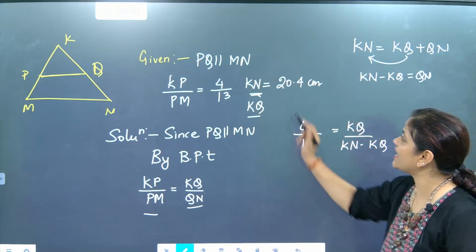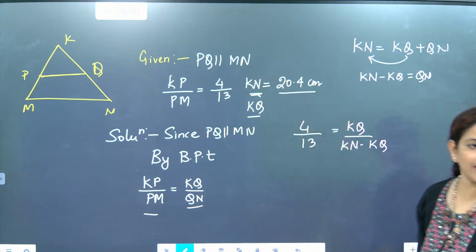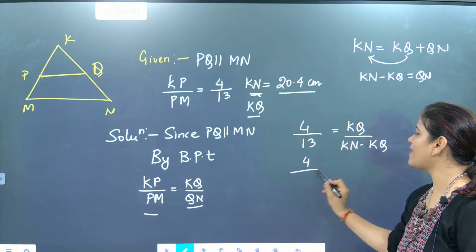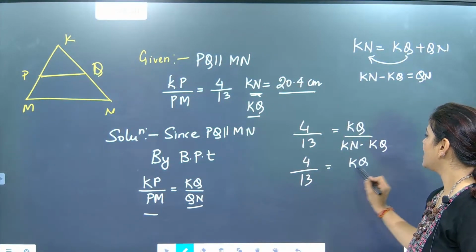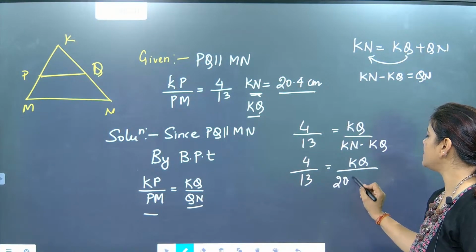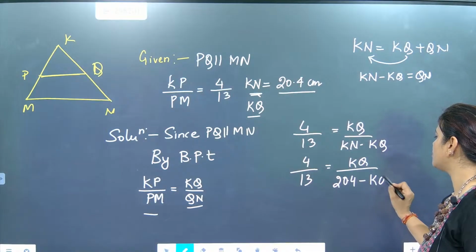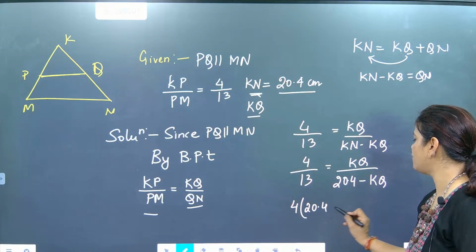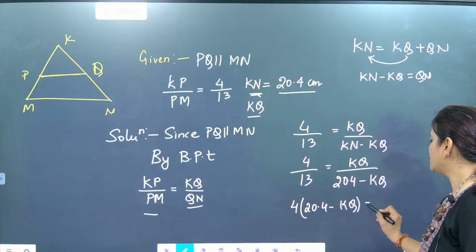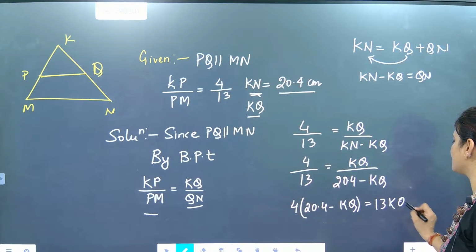So beta, what KN value they have given? 20.4. So 4 by 13 is equal to KQ, which we have to find, over 20.4 minus KQ. Now shift: 4 into (20.4 minus KQ) is equal to 13 KQ. Now solve.